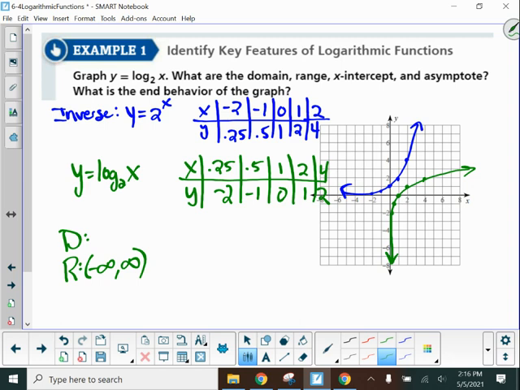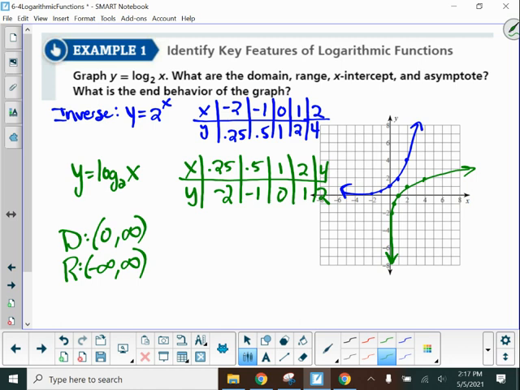However, for the blue one, my range was 0 to infinity, and that is actually going to be the domain. Remember, you can't plug in a negative number. You can't take a logarithm of a negative. You also can't take a logarithm of 0. So that's why our domain ends up being 0 to infinity.